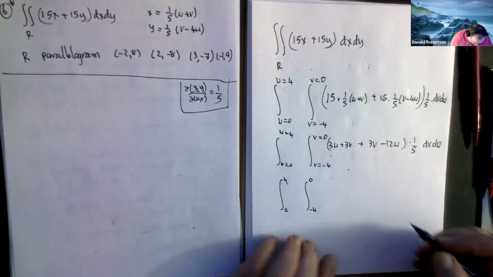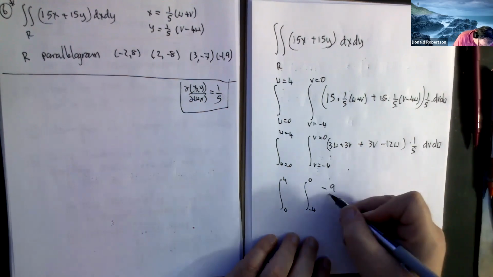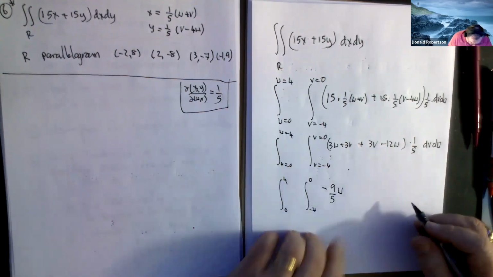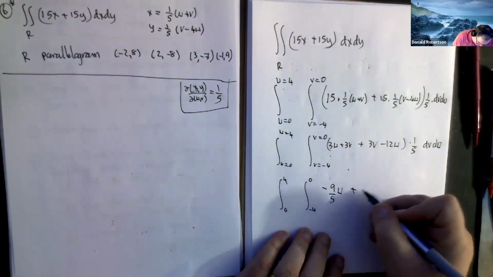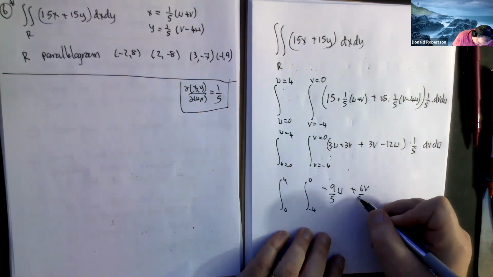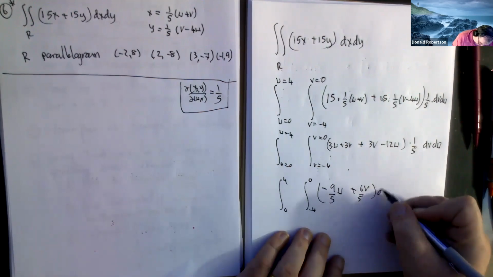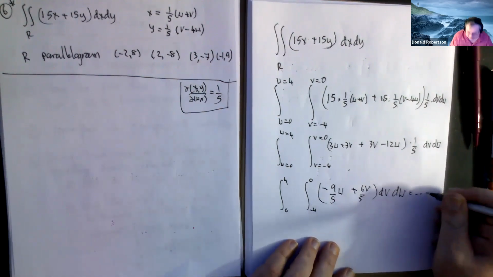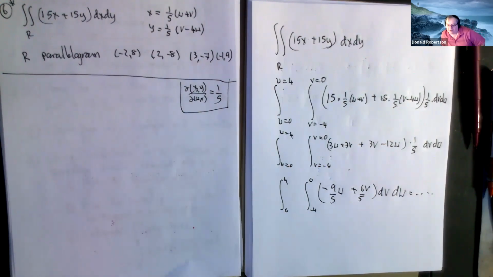Three, and that gets me negative 9 with that 5th, so negative 9/5 of a u. 3 and 3 gets me 6, so 6/5 of a v, a dv, and a du. And at that point, I have had enough of this question. You can just integrate it in the usual way.